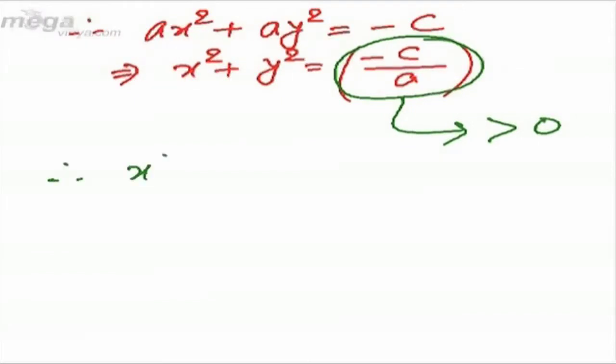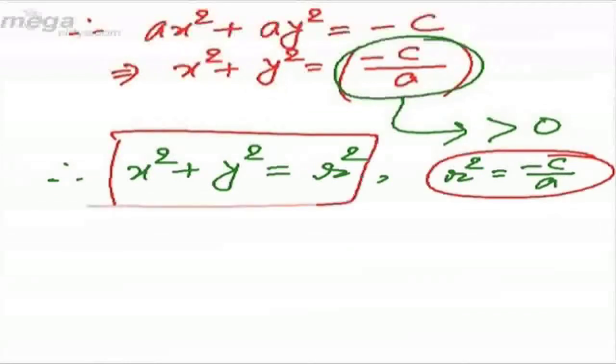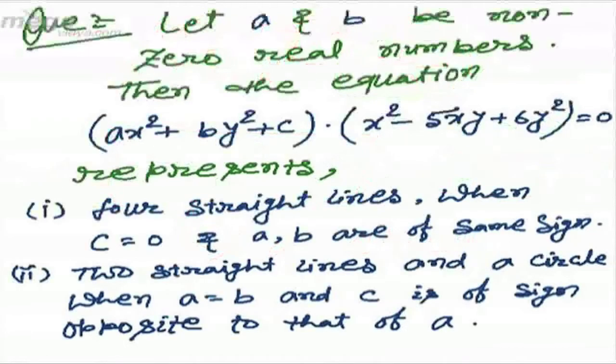Therefore we can write x square plus y square is equal to r square, where r square is equal to minus c upon a. And this equation represents a circle. It means the given equation will represent a circle with the help of these given conditions. It means the second option is one of the options, but maybe the third option can be true.